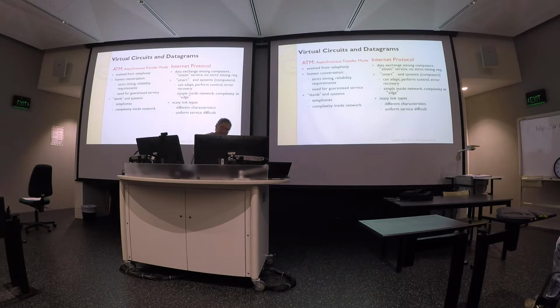And the point of these was to communicate human conversation. So human conversation has some interesting requirements. The first one is strict timing. If you're having a conversation with somebody, you expect a response within a certain amount of time, or you start talking again and then they talk and it's all confusing. So there are some strict timing requirements.